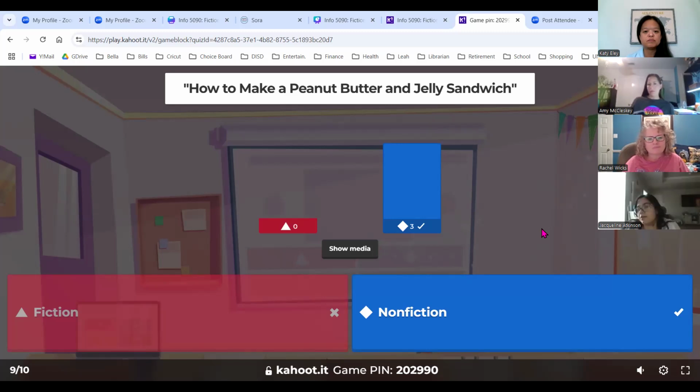It's giving you real steps, real information on how to make it, even if it uses cartoon pictures. It's giving you directions and steps. Exactly. That's what I would tell the students too. Ask the students, hey, have you ever made a peanut butter sandwich before? How do you make it? And have the students give you step-by-step guidance. Yeah, absolutely.